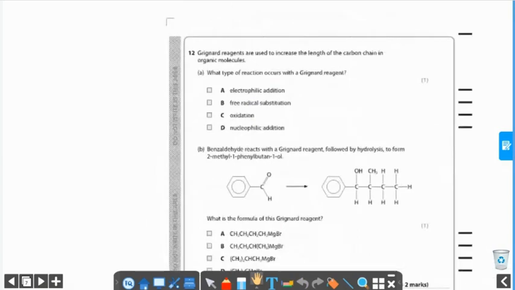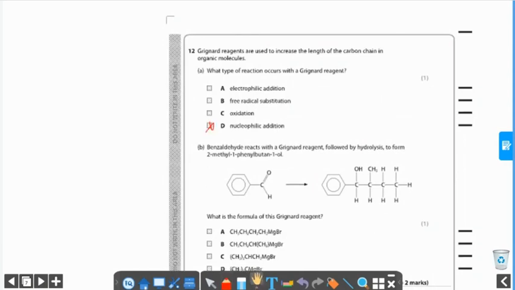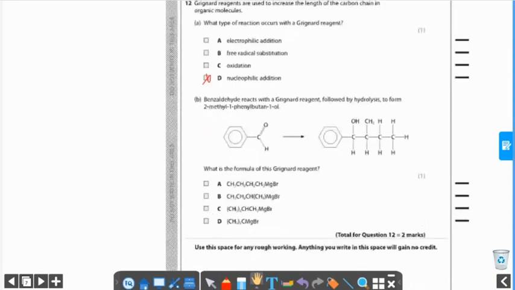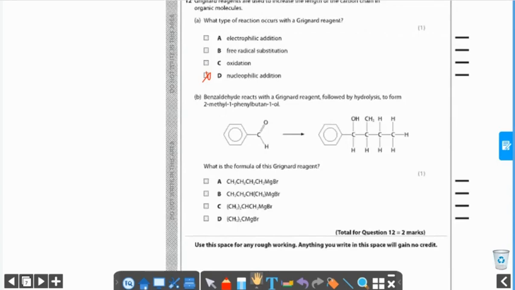Grignard reagents are used to increase the length of carbon chain in organic molecules. What type of reactions occur with a Grignard reagent? It's a nucleophilic addition reaction. It's not a substitution. You are adding the species. So it's a nucleophilic addition reaction. Benzaldehyde reacts with Grignard reagent followed by hydrolysis to form 2-methyl-1-phenylbutan-1-ol. So what is the formula of the Grignard reagent? This part is from the Grignard reagent.